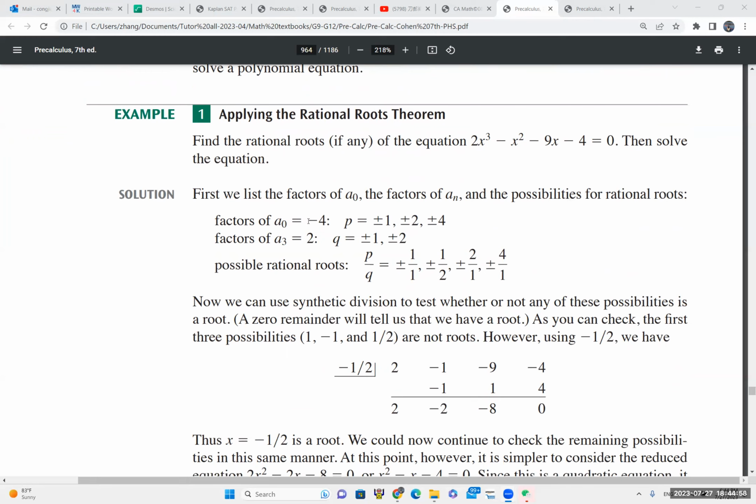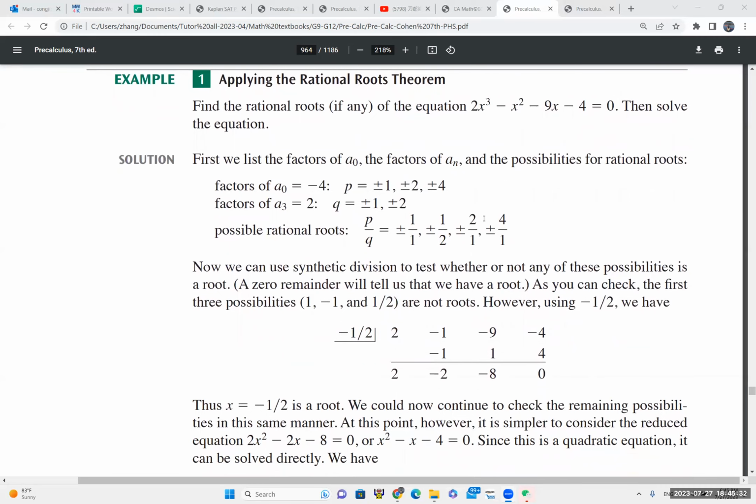So say A0 is -4. So its factors are positive and negative 1, 2, 4. A3, the leading coefficient, is 2. So its factors are positive and negative 1, 2. So make the P over Q. You get so many options, right?